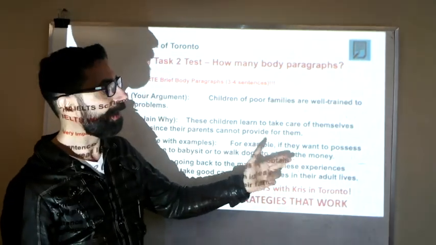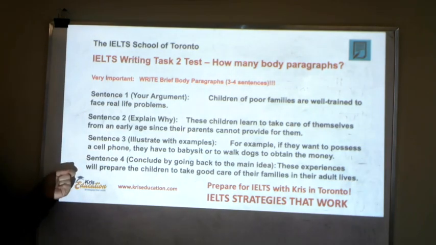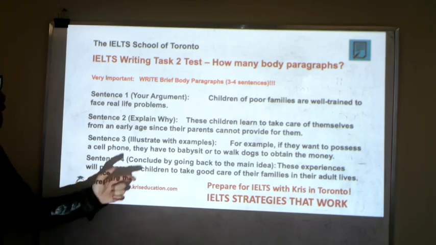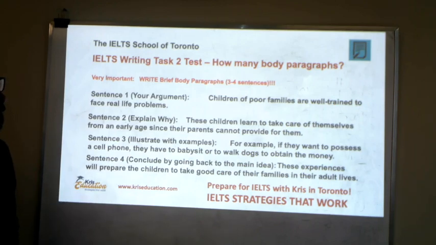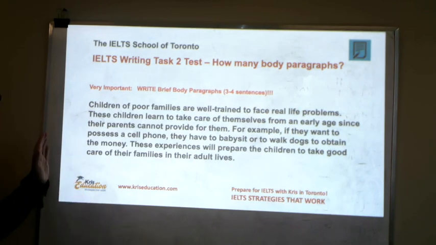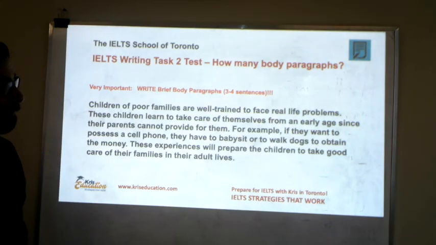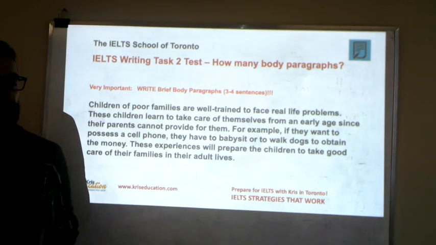So that is the conclusion of the body paragraph. But again, you don't always need a conclusion. And this is how the whole body paragraph looks, all the sentences together.